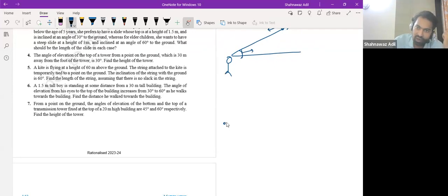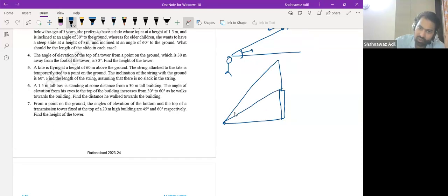So we have the ground, and this is a building, a 20-meter high building, and then we have a tower. The angle of elevation is this, and these are the two angles which are given. So this is 60 degrees, this is 45.